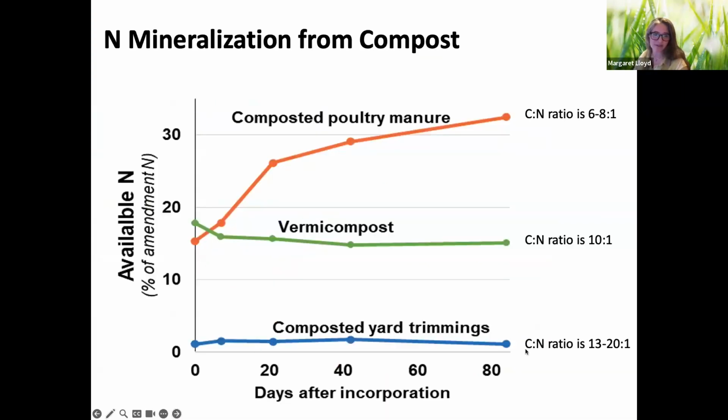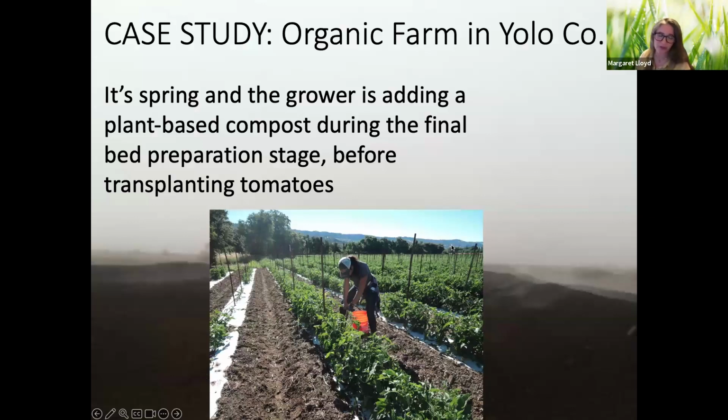So here's that same figure with those C to N ratios added. And you can see as the C to N ratio gets higher, you get less availability over time. And so what's the significance of this? So I'd like to share a case study from an organic farm in Yolo County.